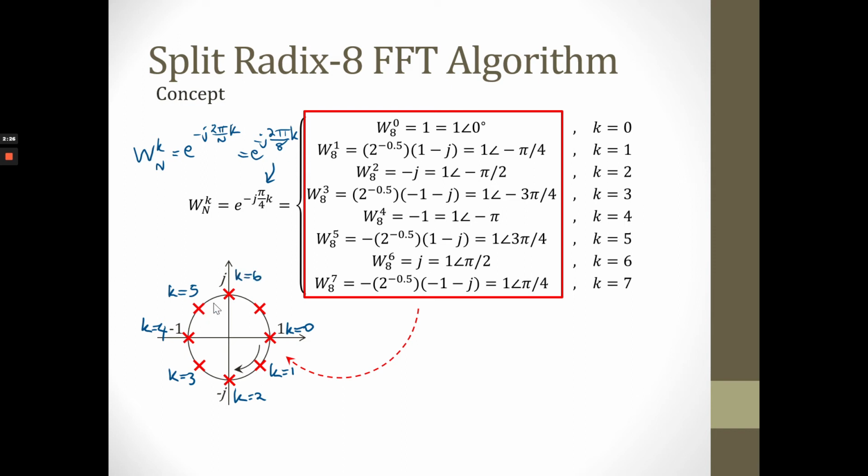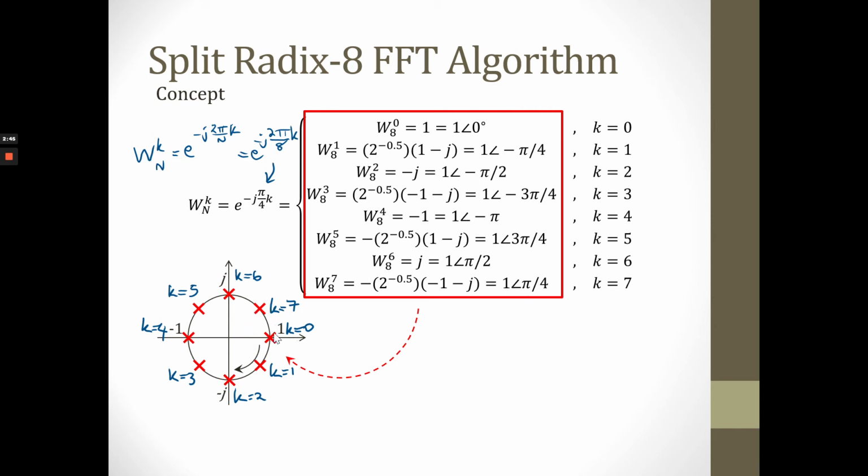And for k equal to 6, we have positive j at this point. The magnitude is 1. The phase is positive 90 from here. And the last one is for k equal to 7. We have magnitude 1, and the phase is positive 45.